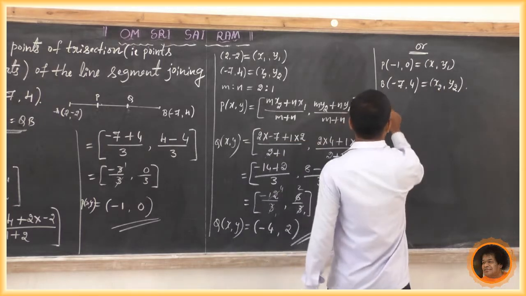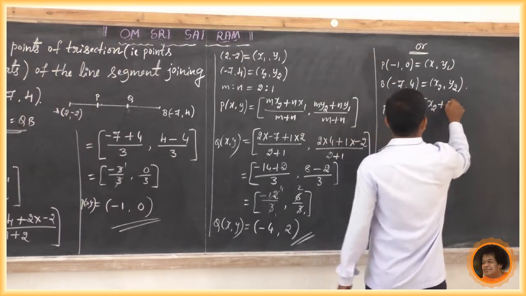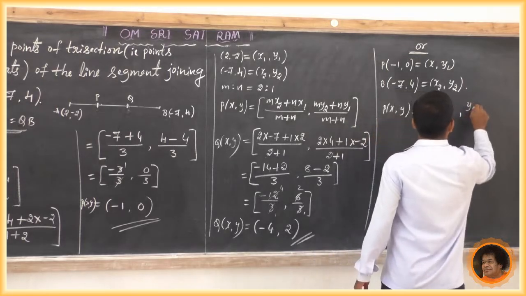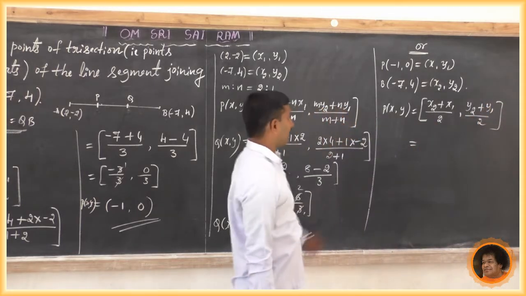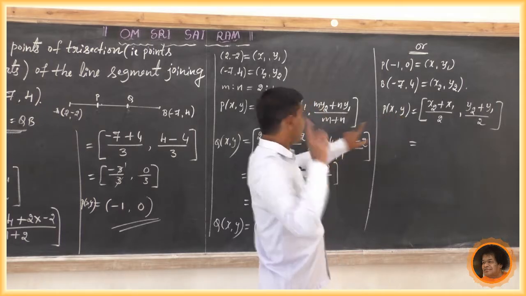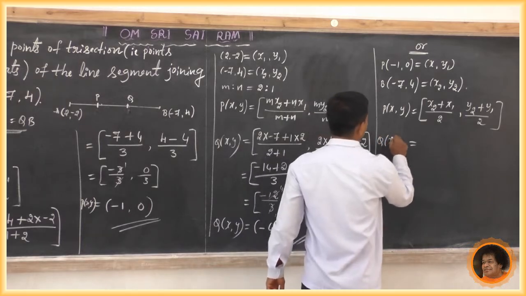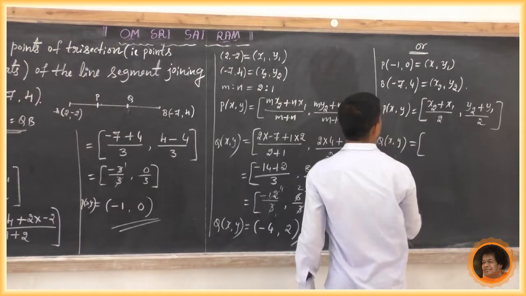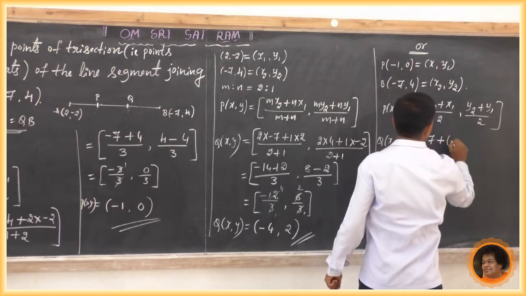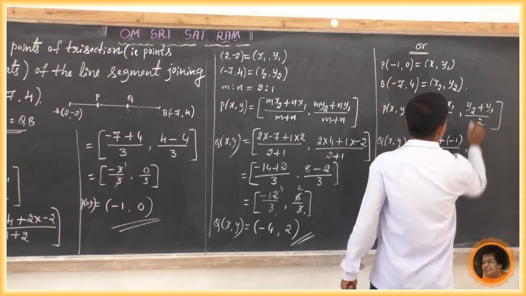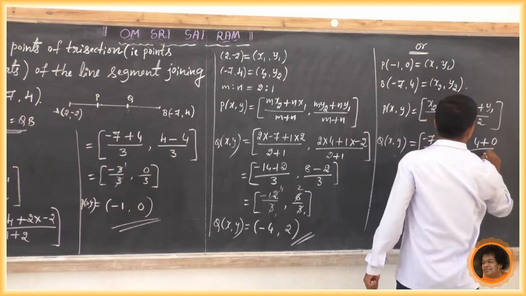By using the midpoint formula, x2 plus x1 by 2, y2 plus y1 by 2. Listen carefully. So here the midpoint is Q of x comma y. The x2 value is minus 7, plus the x1 value minus 1, divided by 2, equal to y2 plus y1: y2 is 4 plus y1 is 0, divided by 2.